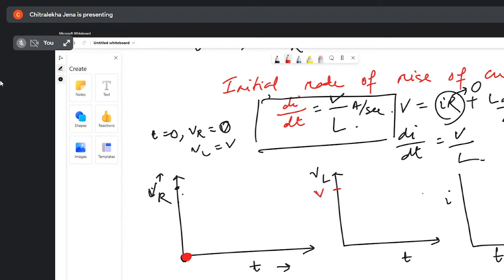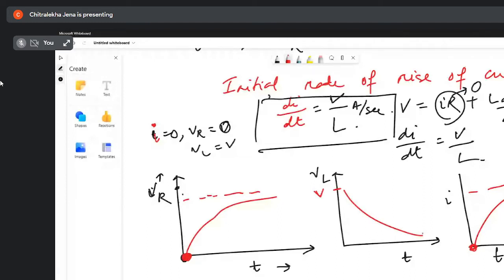What is my current? Current is equal to how much? 0. Okay, now T at infinity is the condition. At T at infinity, current is maximum, voltage across the resistor is also maximum, and the voltage across the inductor will be 0.